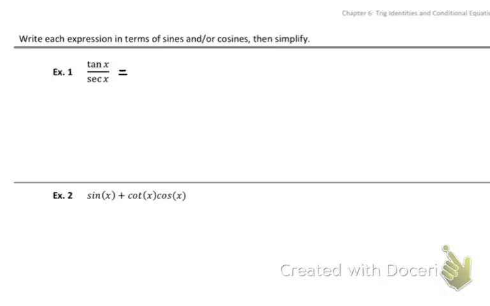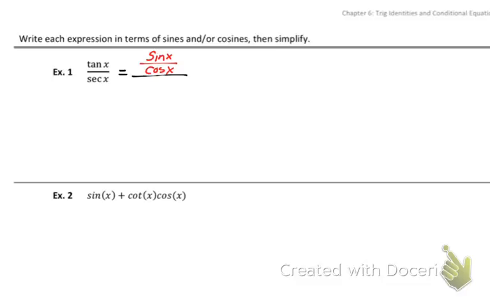Which means I can rewrite tangent in terms of sine and cosine. If you flip your page, you're going to realize that tangent x equals sine of x over cosine of x. So we're just going to replace it with that fact.